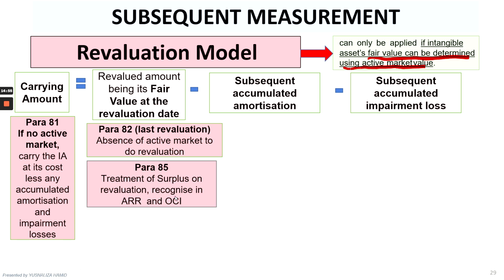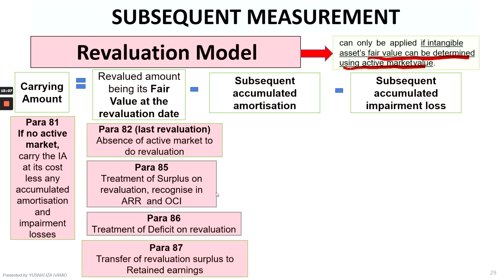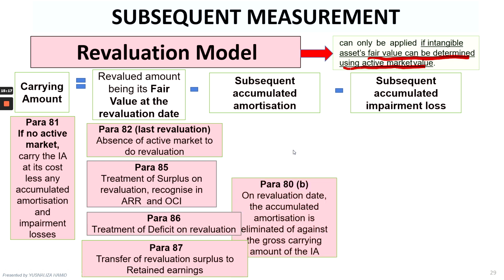This is for the initial revaluation. For the treatment of deficit, this is also similar. For initial revaluation, it will be treated in profit or loss. You also need to transfer the revaluation surplus to retained earnings for the revalued asset, paragraph 87.